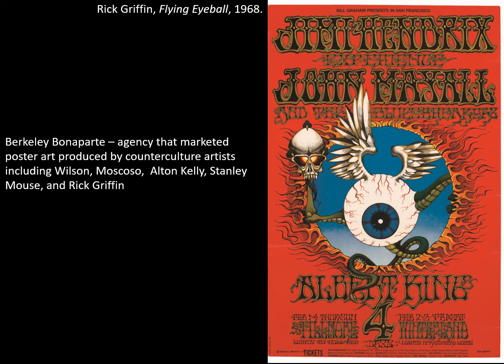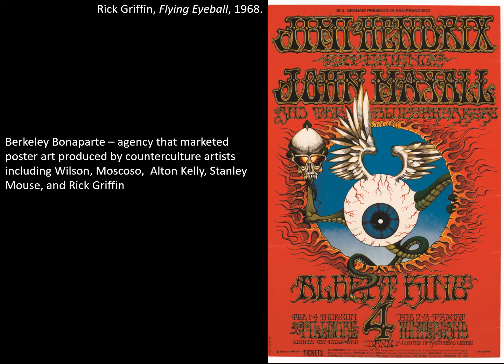Perhaps one of the most famous examples of this is the flying eyeball that Rick Griffin designed for Jimi Hendrix. So again, you see the illegible text that you need to read the information at the bottom if you want to actually know what's happening. But it's meant to be very disruptive. I mean, what we see here is literally like the poster caught on fire and this winged eye started to fly through it with its tentacles.